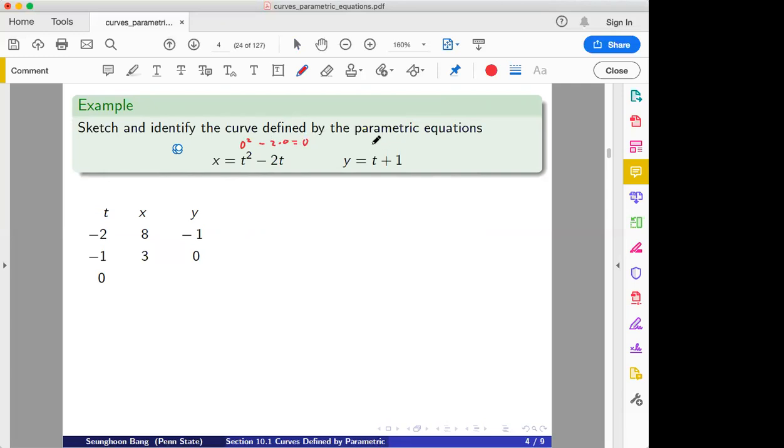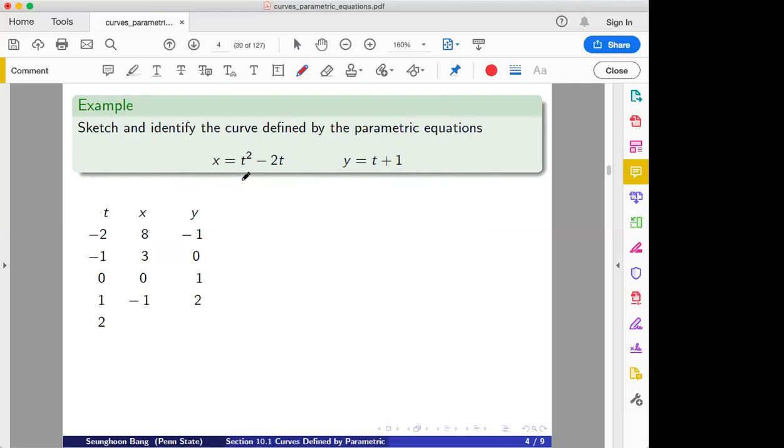Plug 0 into y: 0 plus 1 equals 1. So we have 0, 1. Now keep going. Plug 1: 1 squared minus 2 times 1 is -1, and 1 plus 1 is 2. We have -1 and 2.